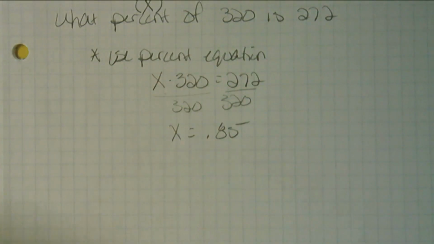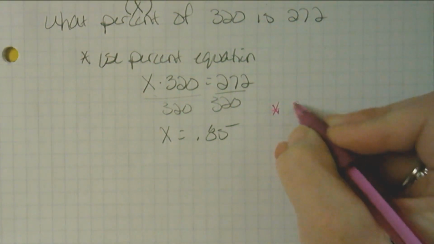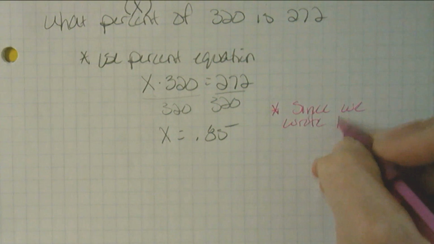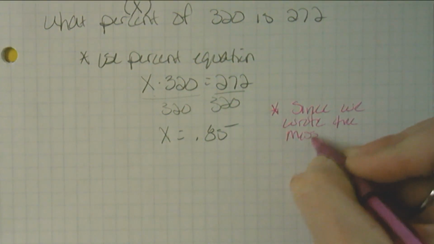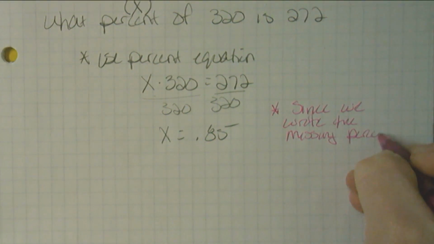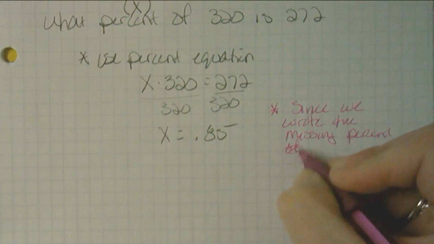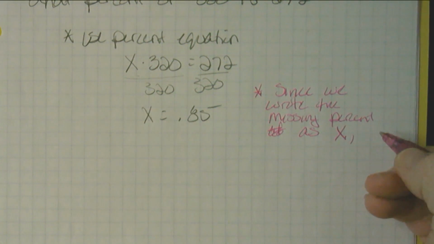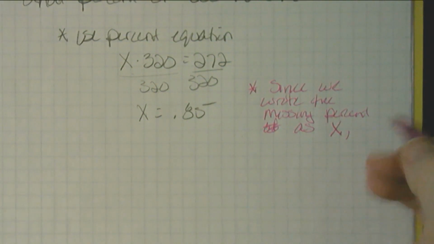Now, this is what I want to explain to you. Since we wrote the missing percent as x, our answer is the decimal form of the percent.